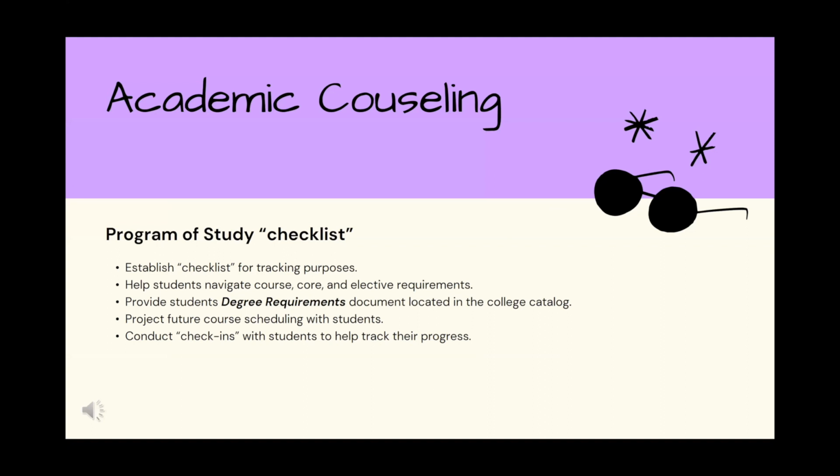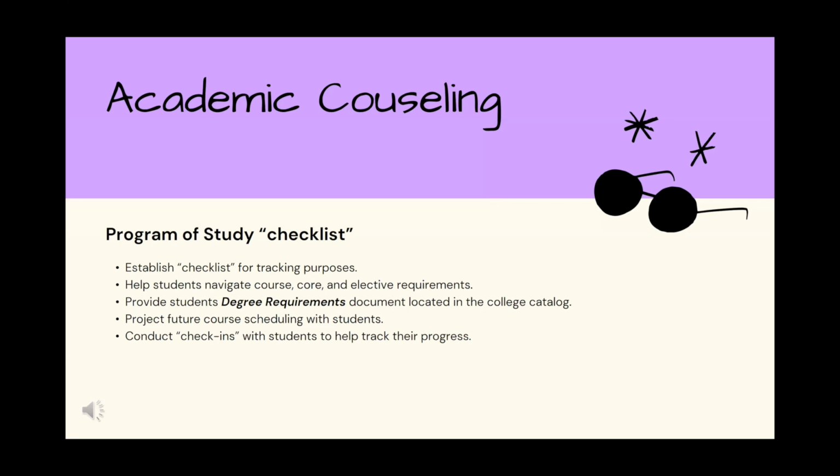Here at the college, many of us wear many different hats, and one of them that I help and assist with is the academic counseling part of everything. What I do here is I help establish programs of study, which I refer to as kind of like the checklist. So I help establish checklists for tracking purposes.